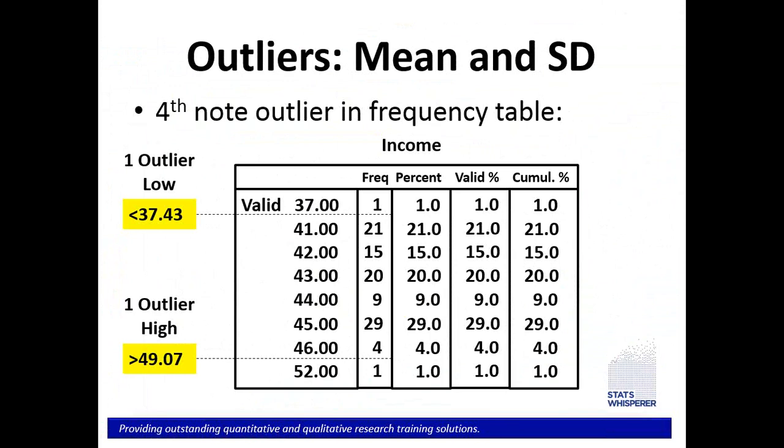It's an outlier, extremely low. And there's a high outlier. We look for any scores above 49.07, and we have one score of 52.0 above that. So that's one way of identifying outlier scores.